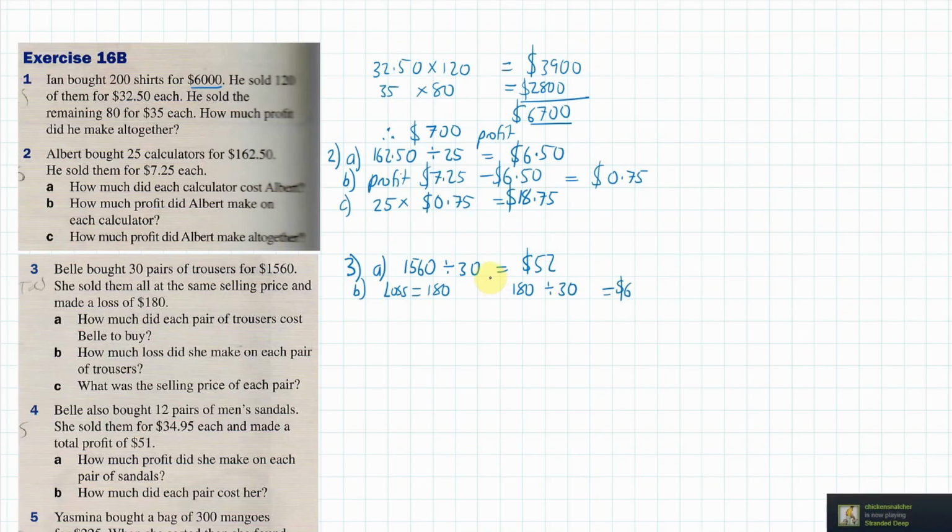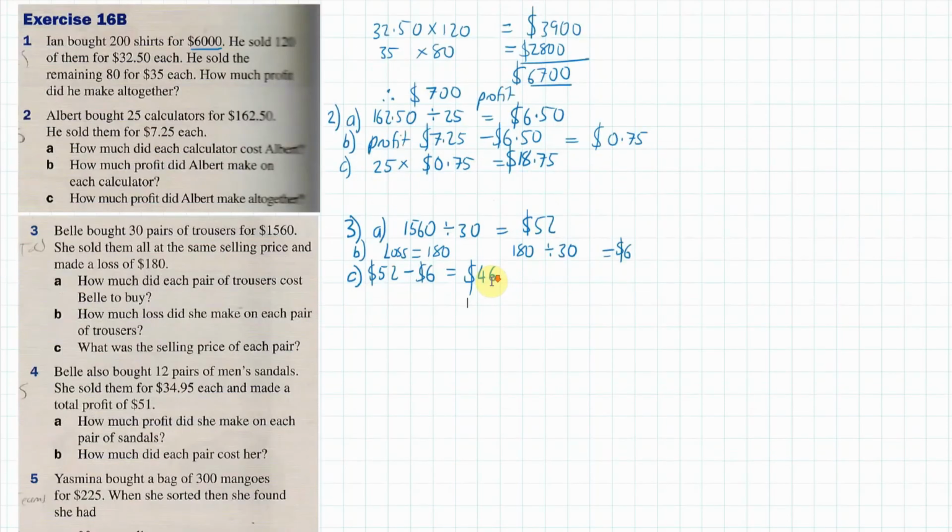And that means that we will now have a cost of $52, and we're going to subtract the loss that she's making on each one, and so that should be $46. Okay, let's move on.